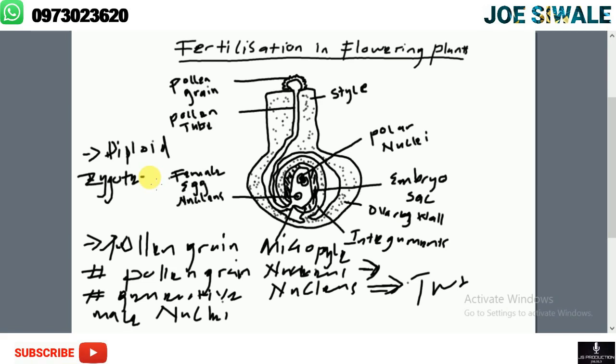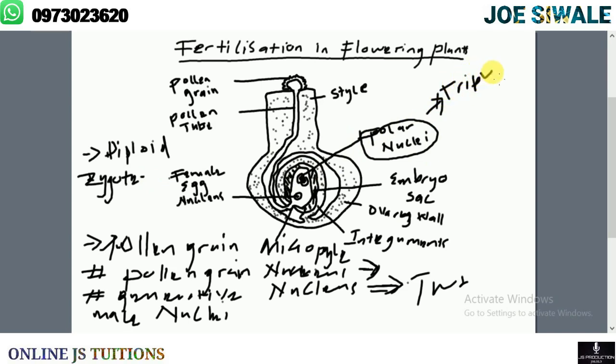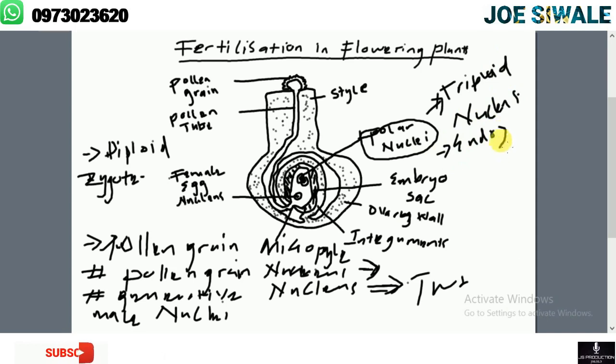Then the other male nucleus is going to fuse with the polar nuclei. The polar nuclei are made up of two, so we have two polar nuclei, and they'll form the triploid nucleus. The triploid nucleus changes into the endosperm.